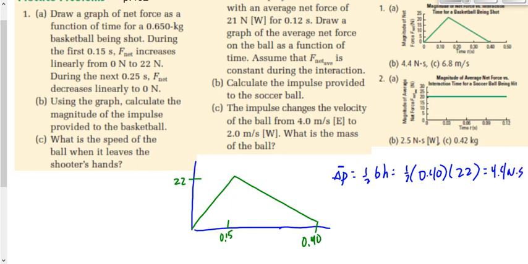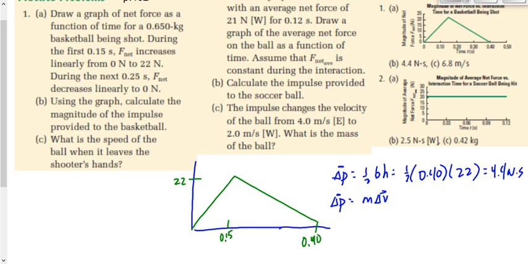And then I want to find the speed of the ball when it leaves the shooter's hands. So let's say delta P is equal to, what equation would I use? M times, not M times V, M times delta V, okay? We don't ever want to say M times V because in this case it would have worked out, right? But sometimes when VI is not 0, you're going to mess up on that.